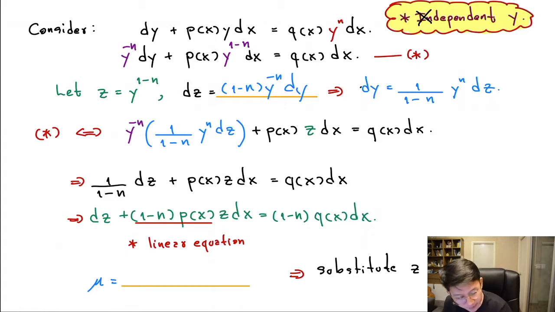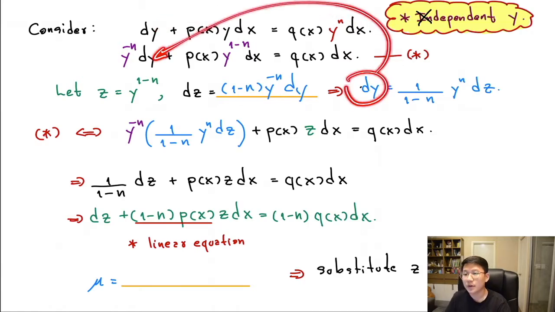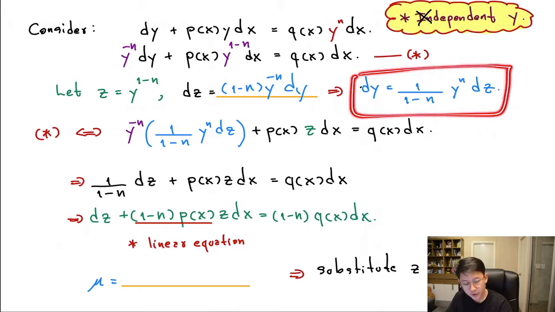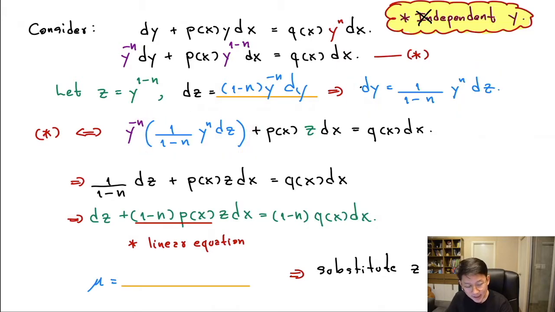And then we substitute dy in there. So this is what we have. We have y to the power of minus n, and dy is actually these terms, right? So we put it here, and then p(x), and because z is y to the power of 1 minus n, we have z here, and then q(x) dx, okay?